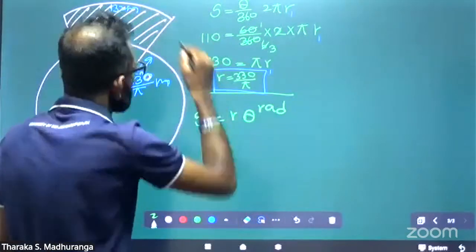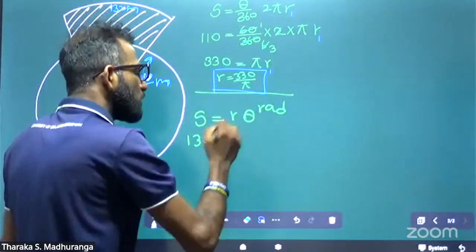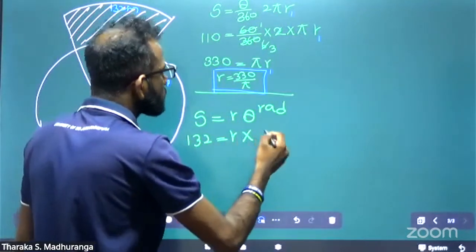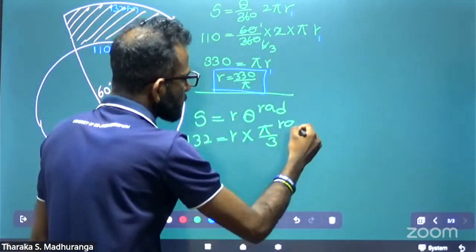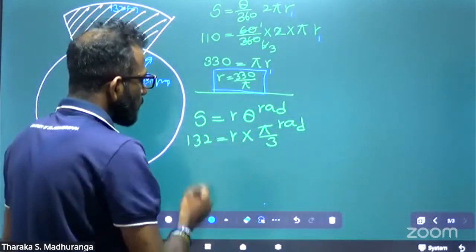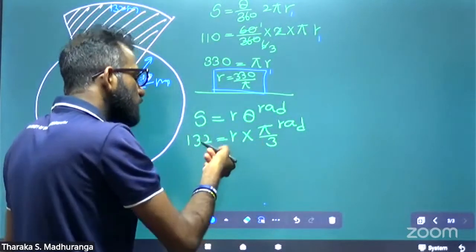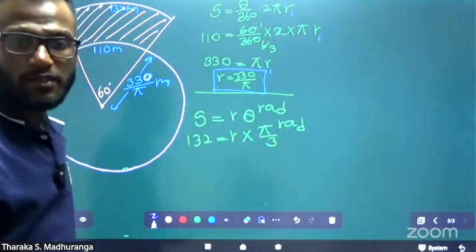Then s is 132, the radius we don't know, and theta is the same angle, pi over 3 radians. Now multiply 132 by 3 and divide by pi. It's easy.